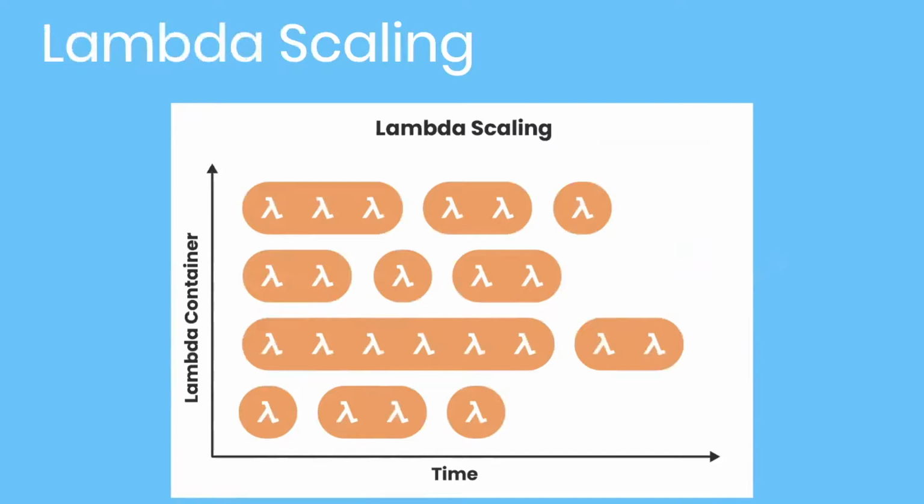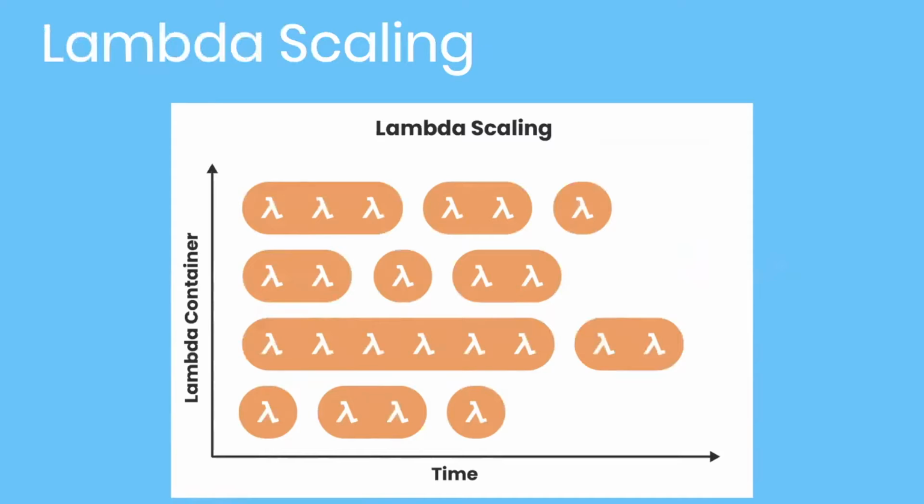So to respond to that, Lambda spins up an additional container. And then if another request comes in and triggers an invocation, those two containers may still be in the middle of executing that function, so a third container is spun up. And you get the idea, that's a general pattern.